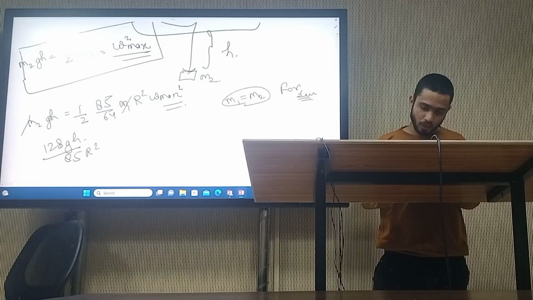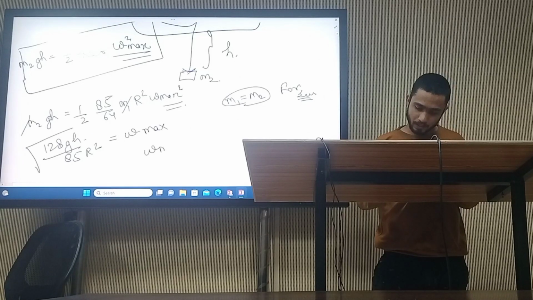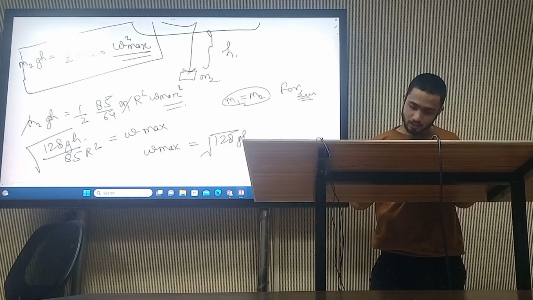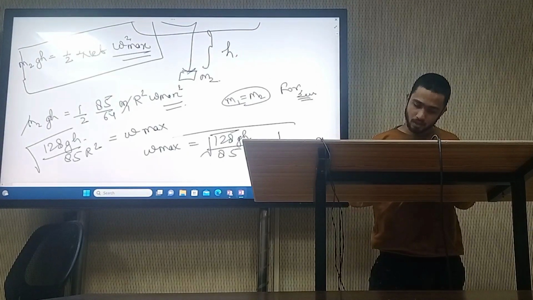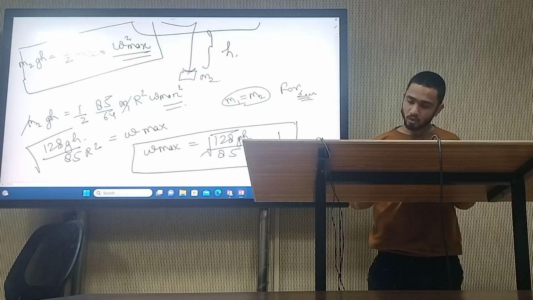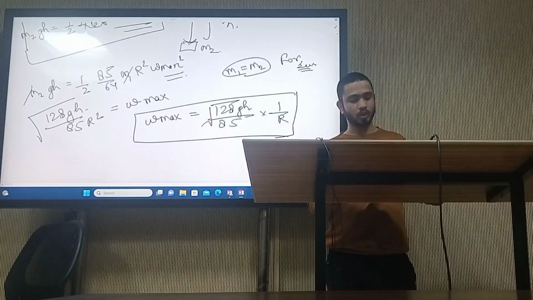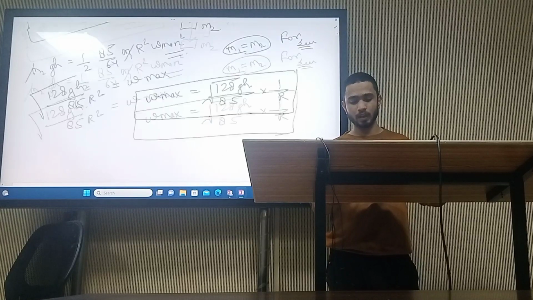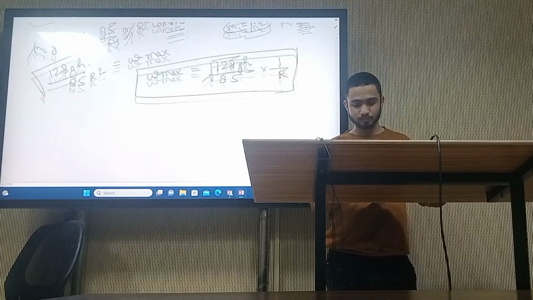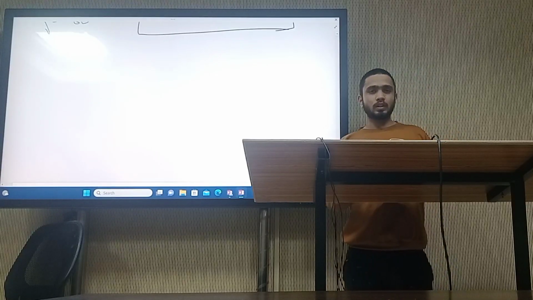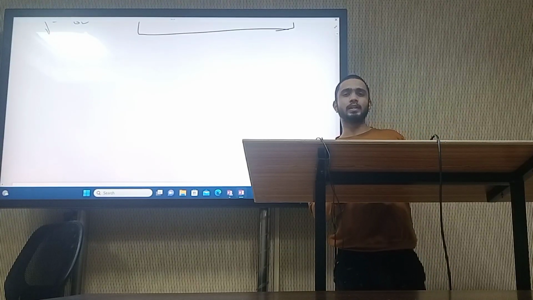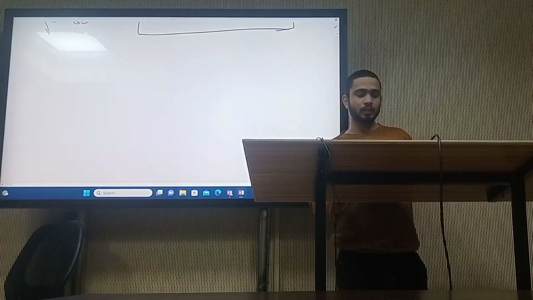Suppose for simplification m1 equals m2, so this cancels and 64 into 2 is 128. So omega max equals under root 128 gh by 85 into 1 by r.